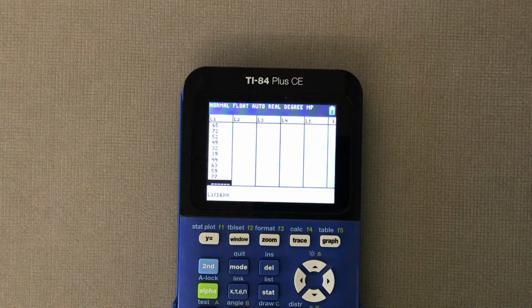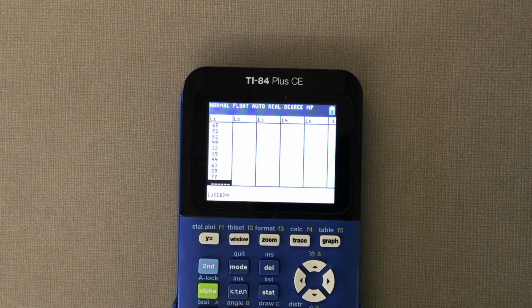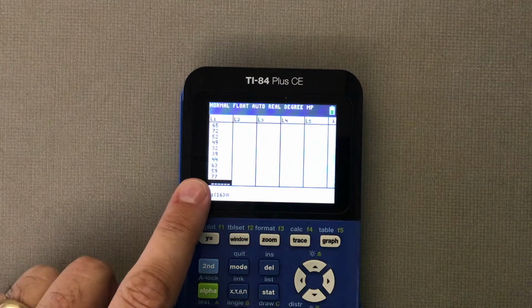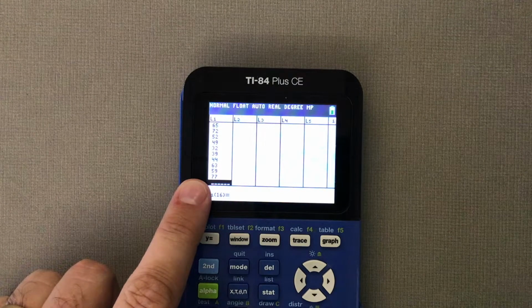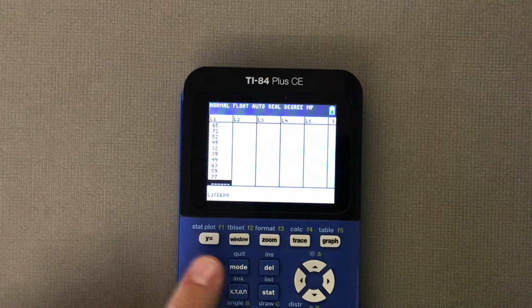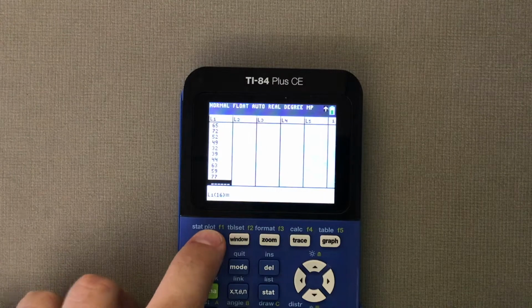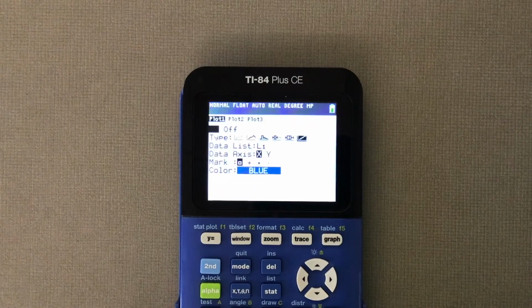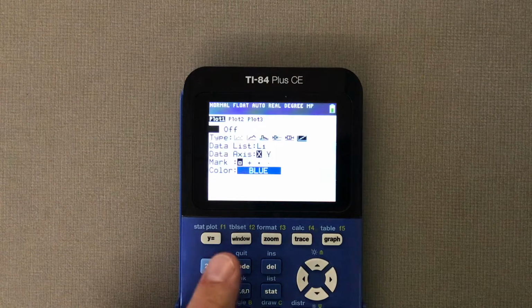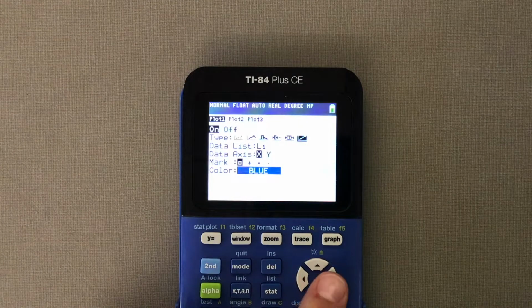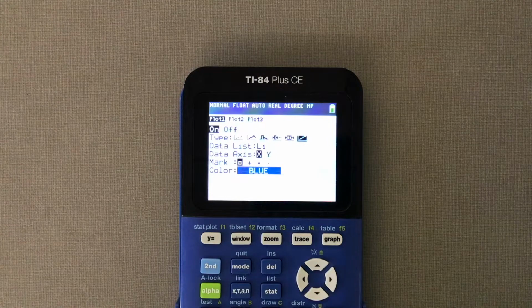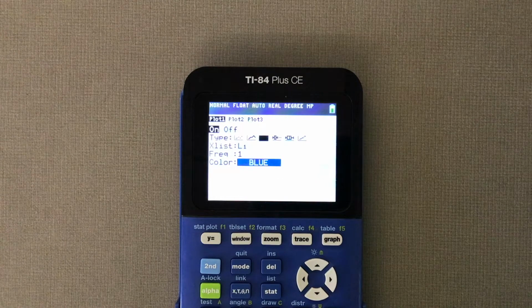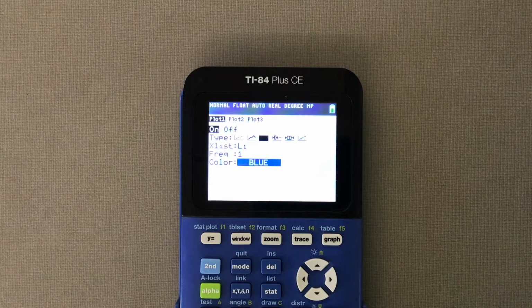Just a quick refresher on making a histogram. I put all the data into list 1, and then I hit second stat plot and go to that first plot. It's on already; if it's not on, turn it on. I go over here to type, choose the histogram, and hit enter. All my data is in list 1.